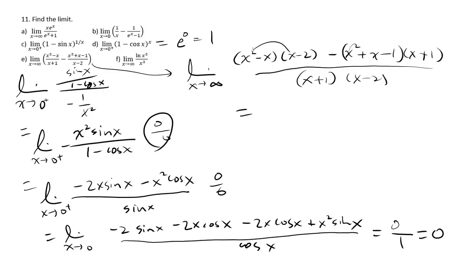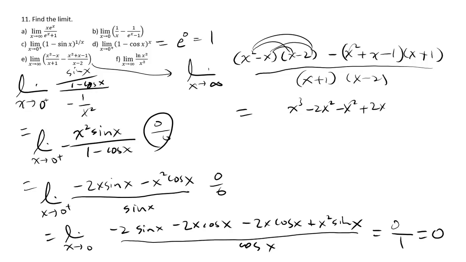And this one, if you FOIL, you get x cubed minus 2x squared minus x squared plus 2x.